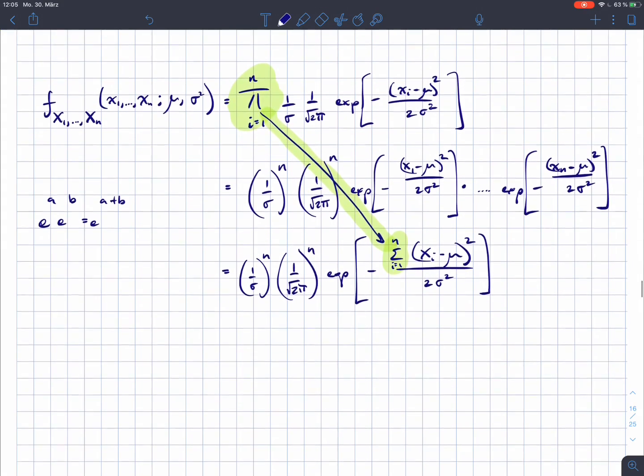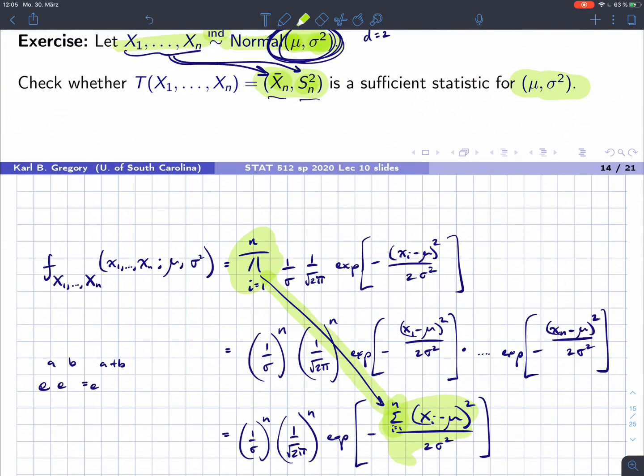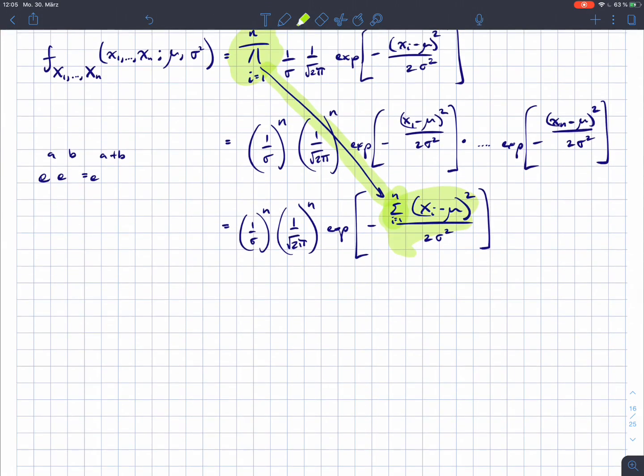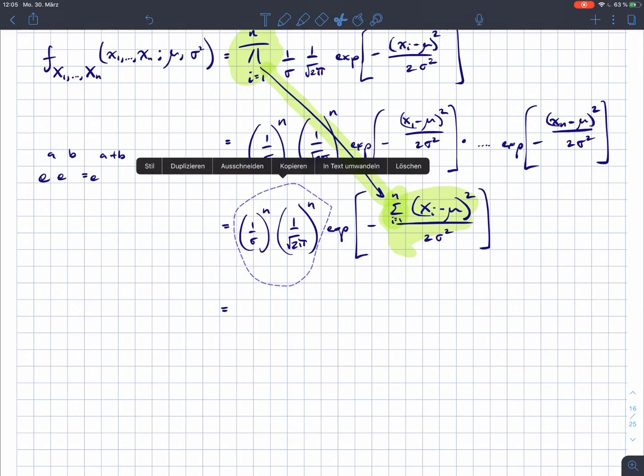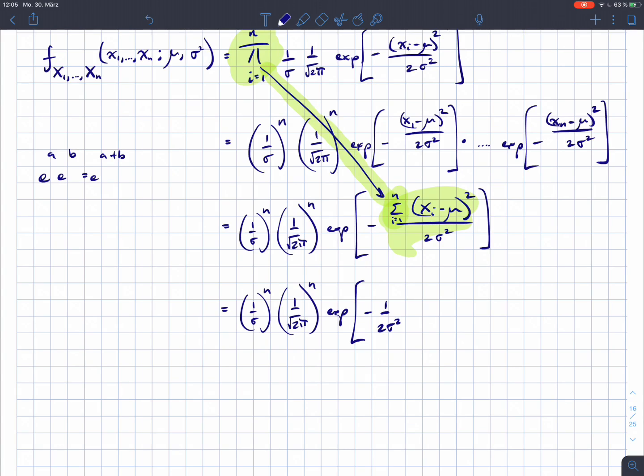And so now I still want to manipulate this until I get an x bar and an s squared coming out. So the way I'm going to do that, this stuff I can just copy paste down here, and then I've got all of this stuff.